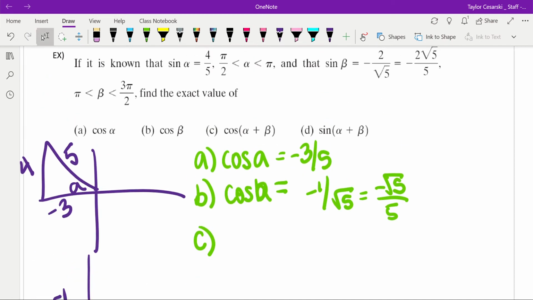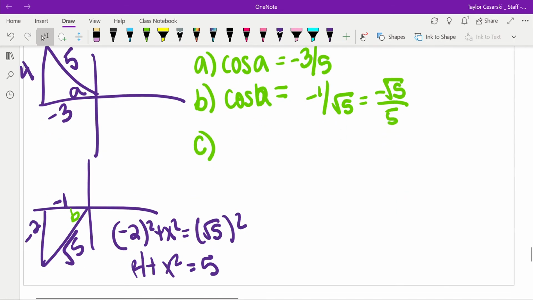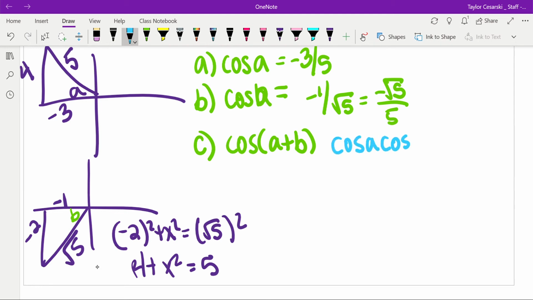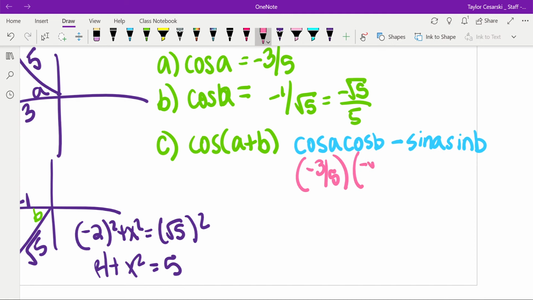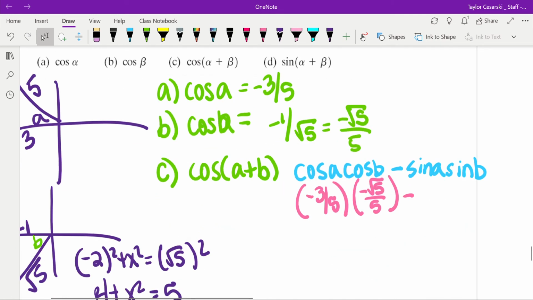All right, the next two we're going to have to use some formulas for, so cosine of A plus B. So on this one, you can't just add those together. Remember, you have to use your formula, so that's going to be cosine of A, cosine of B, minus sine of A, sine of B. So cosine of A is negative 3/5. Cosine of B, we said, was negative square root 5 over 5. Minus sine of A, they give you, is 4/5.